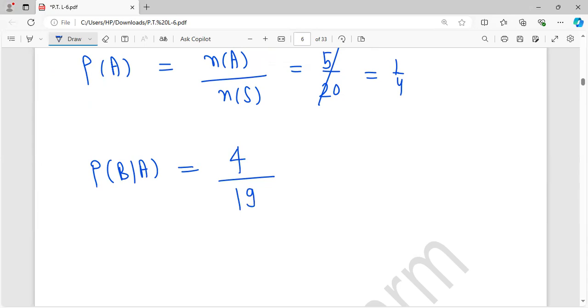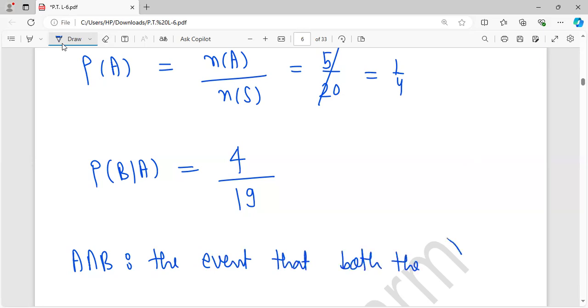Now we have to find A intersection B, the event that both the fuses are defective.